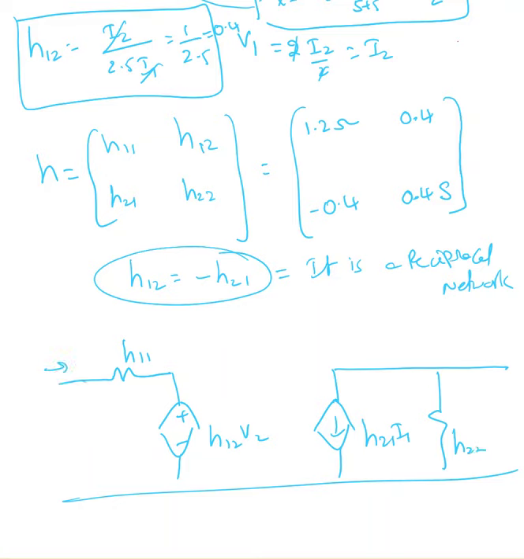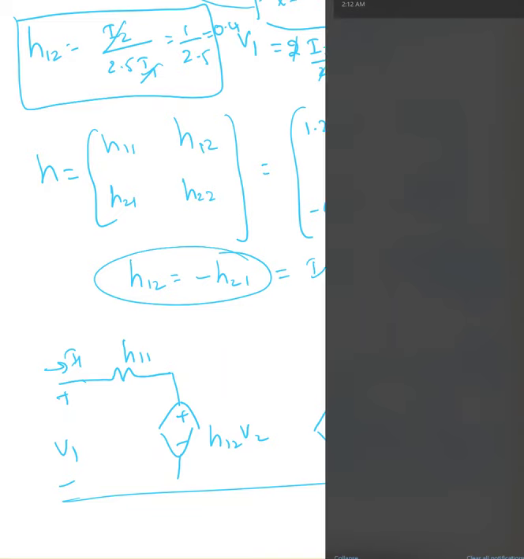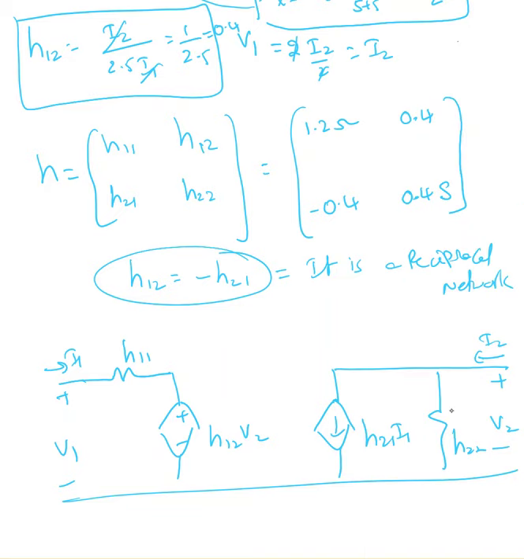So I have I1, V1, V2, I2. h22 is 0.4 Siemens, and h12 V2, I know h12 is nothing but 0.4, so 0.4 V2, and h21 I1 is negative 0.4 I1. This is the hybrid equivalent circuit.